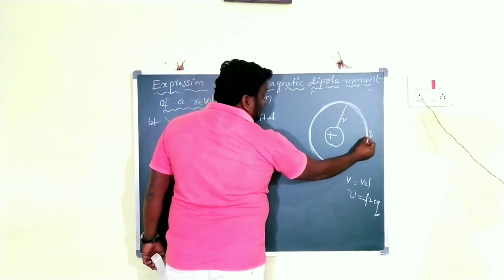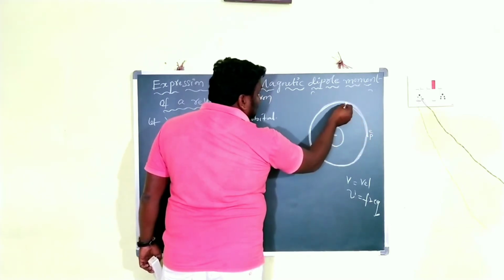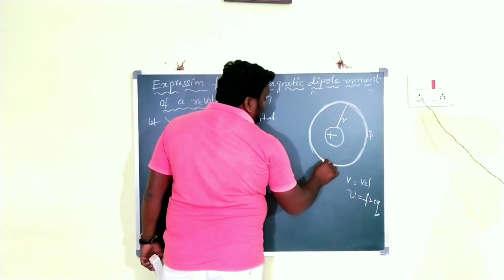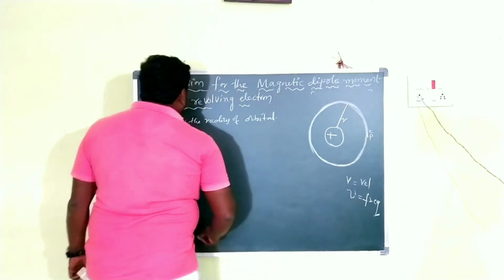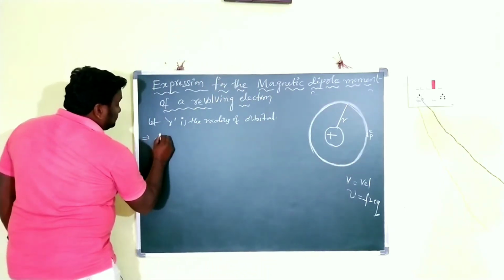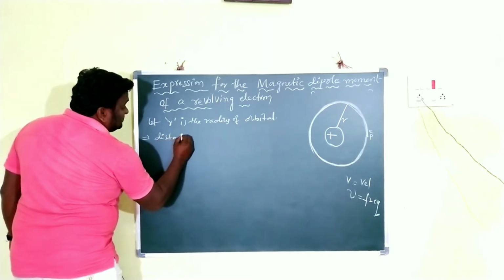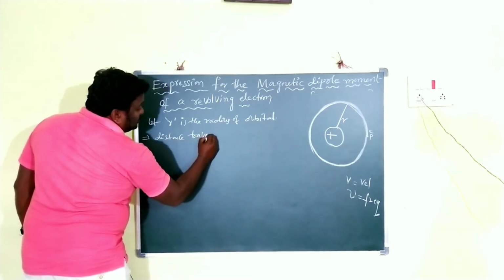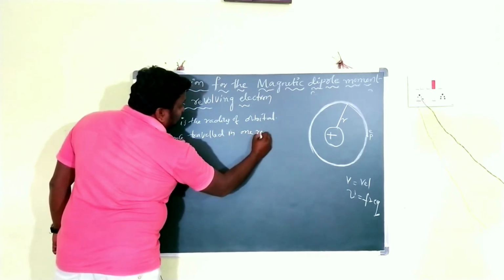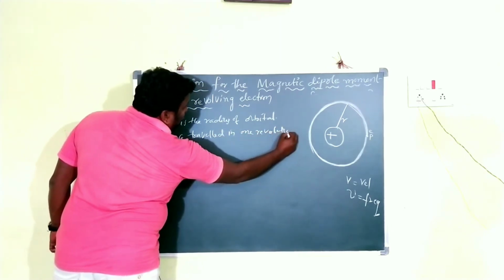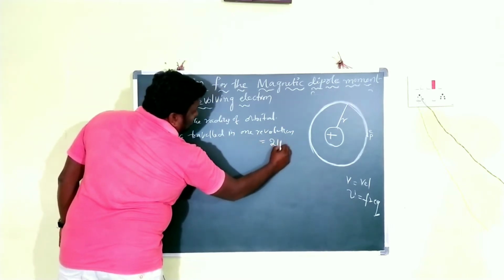Here point P is the starting position of the electron. Once it starts from this point, moves along the circular path, and crosses the same point P again, the distance traveled in one revolution is 2 pi r.